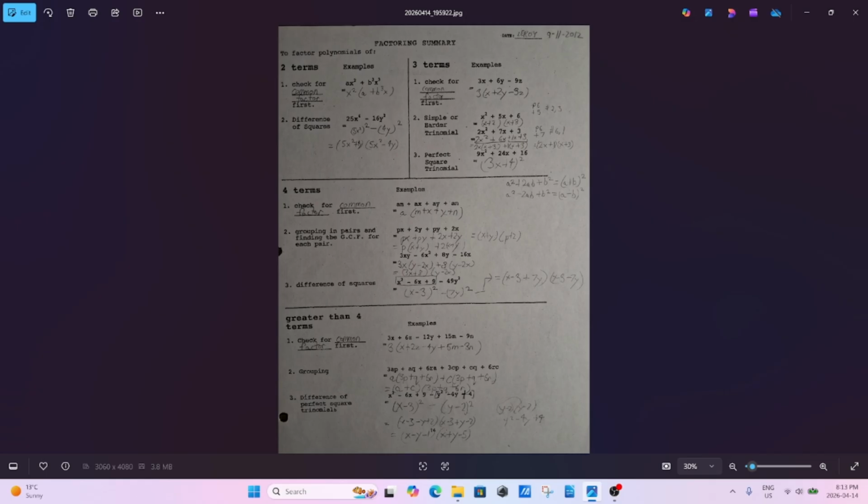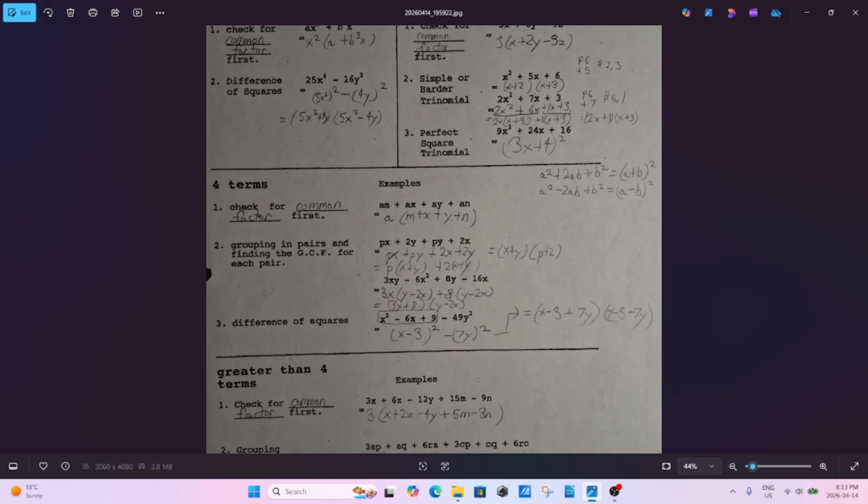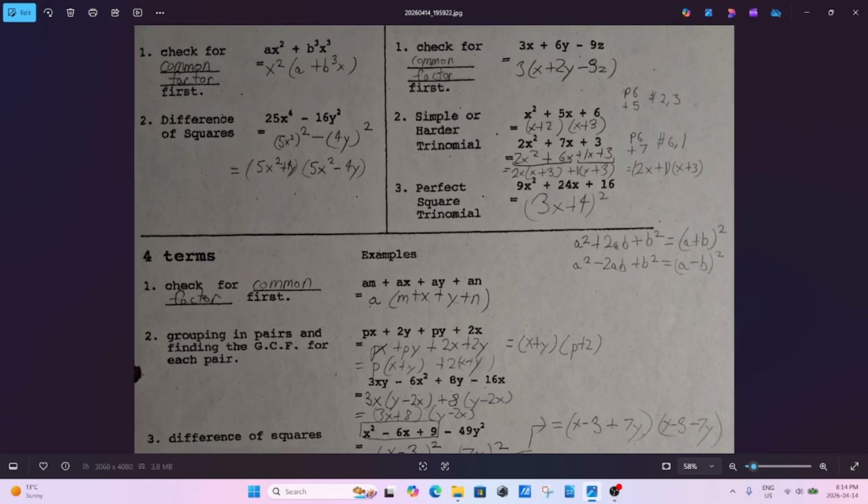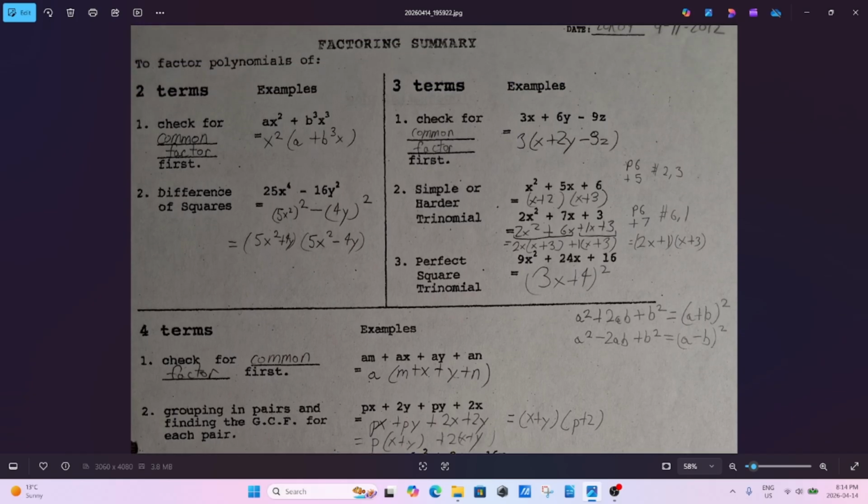Perfect square trinomials. 9x squared plus 24x plus 16. So that is equal to 3x plus 4 squared, because we can see that the 3x times itself becomes 9x squared, and the 4 times itself becomes 16.